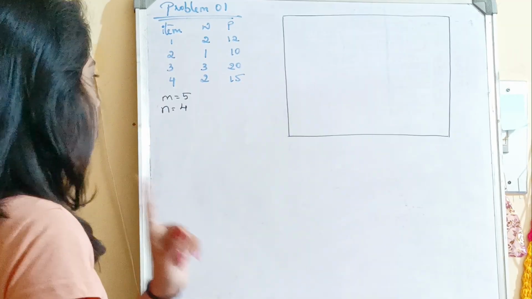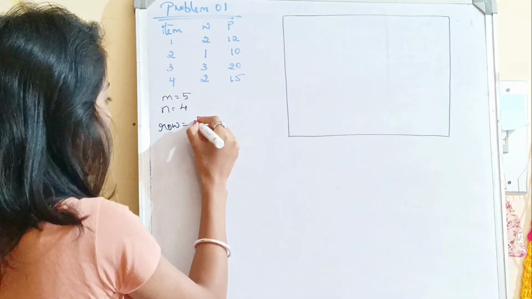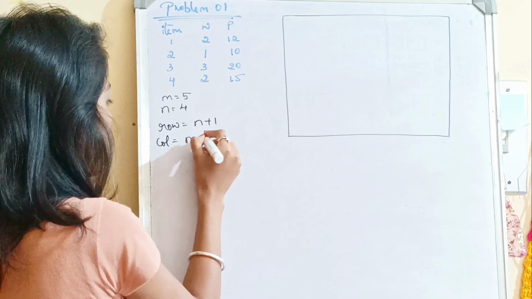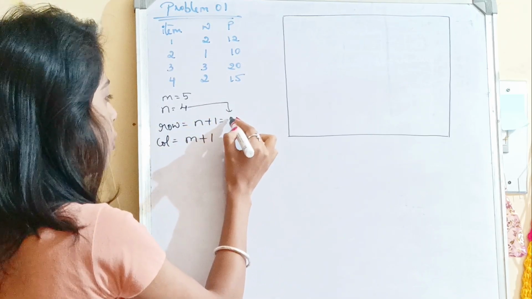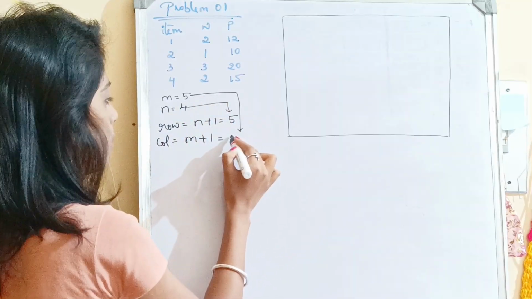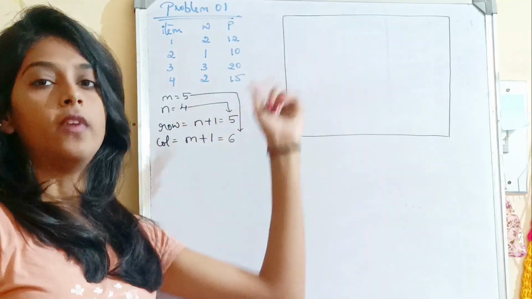The rows will be equal to n plus 1 and the columns will be equal to m plus 1. n plus 1 is 4 plus 1, that is 5, and m plus 1 is 5 plus 1, that is 6. So we have to draw 6 columns and 5 rows.